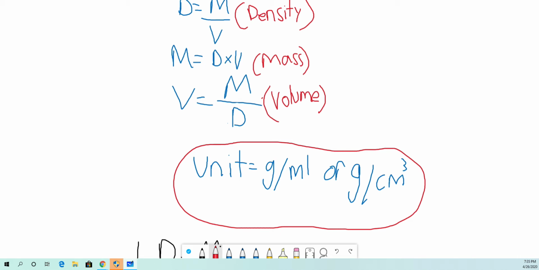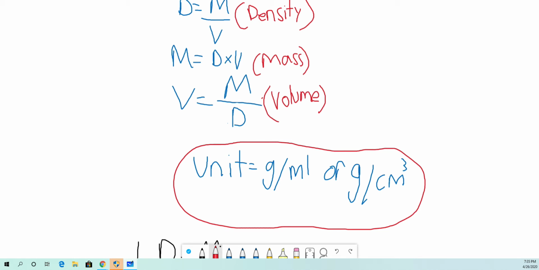The question might be, what is the unknown mass of an object? With this equation, you simply take your density and your volume and multiply them. That will give you your mass.